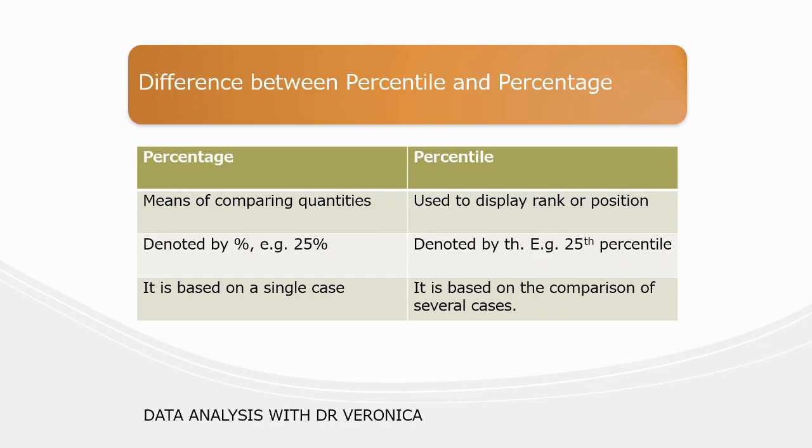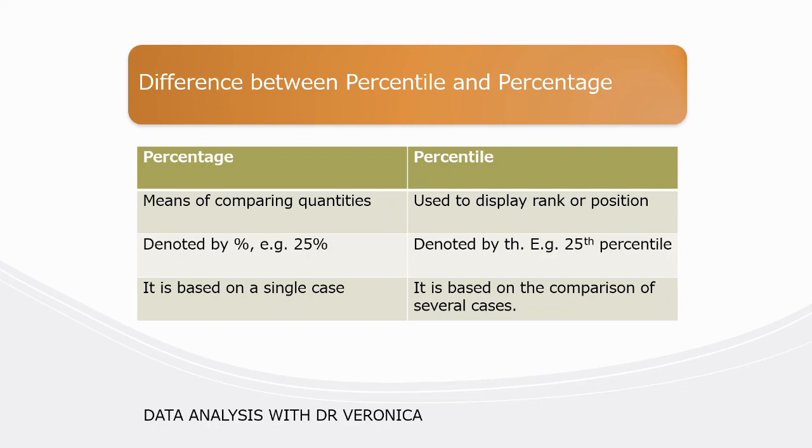Okay, on to the differences between percentiles and percentages. A percentage is a means of comparing quantities, okay? And a percentile is used to display rank or position. The second difference is that a percentage is denoted by the percent symbol. So, for example, you have 25% and you have the percentage symbol.